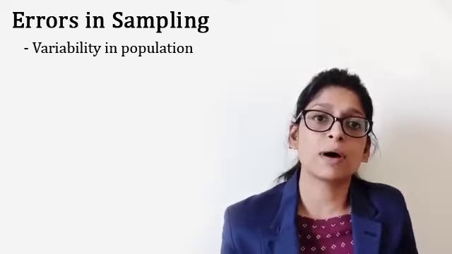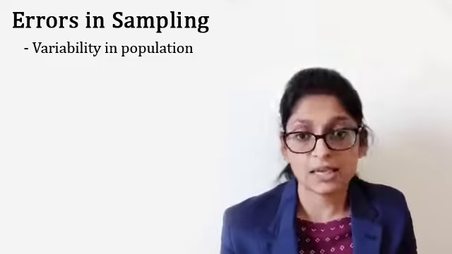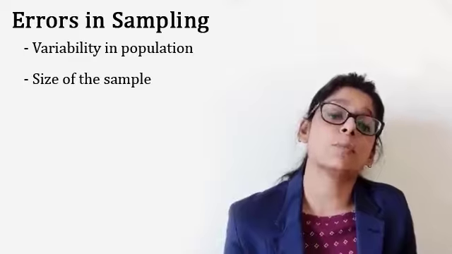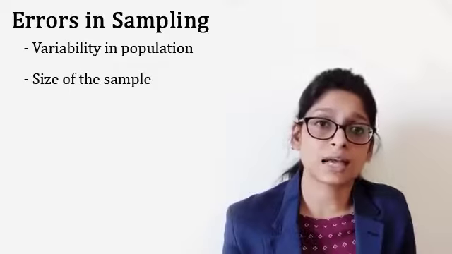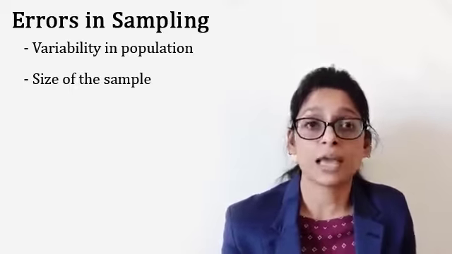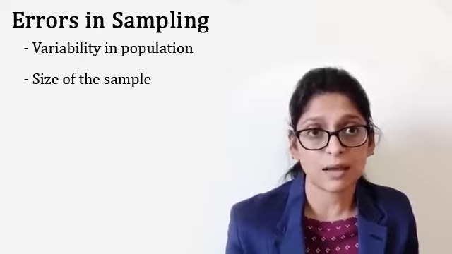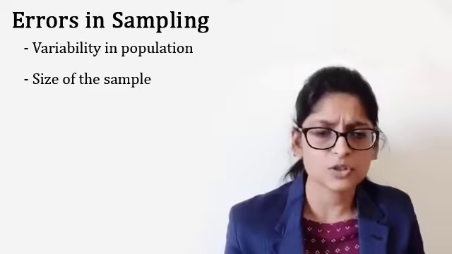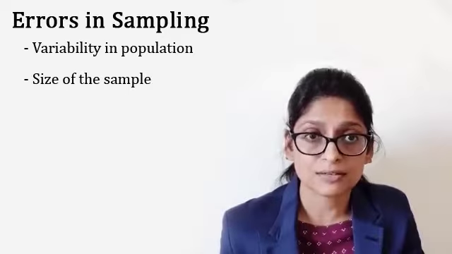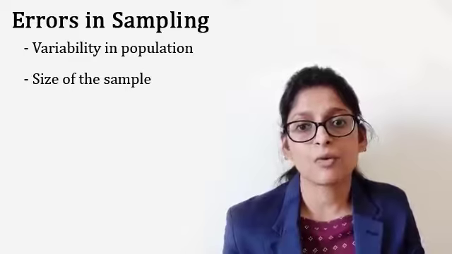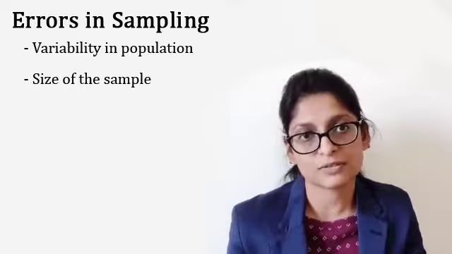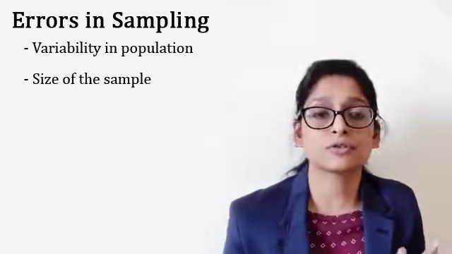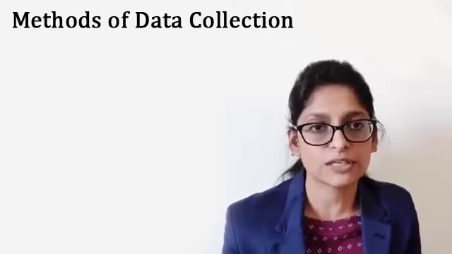And that we can do by using a good sampling technique, by having a decent sample size, and by having a good statistical technique, which can minimize the variability that happens between different samples. So that is how we can minimize it. But we have to understand what it is and how inevitable it is. Now with that, we come to the second part of our today's session, which is the methods for data collection.